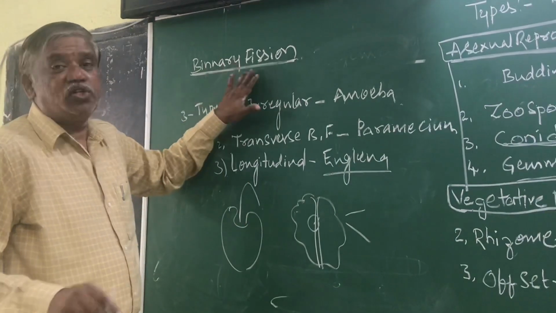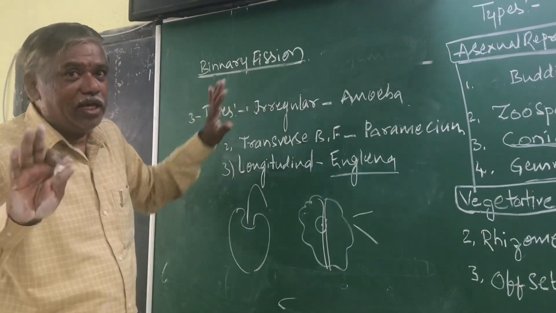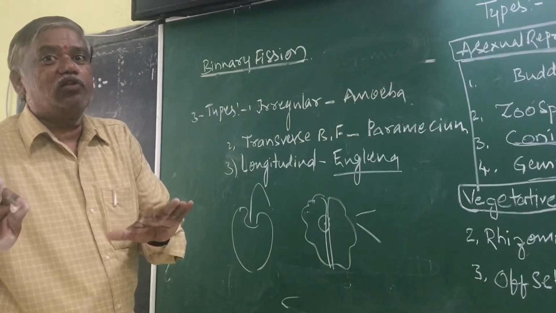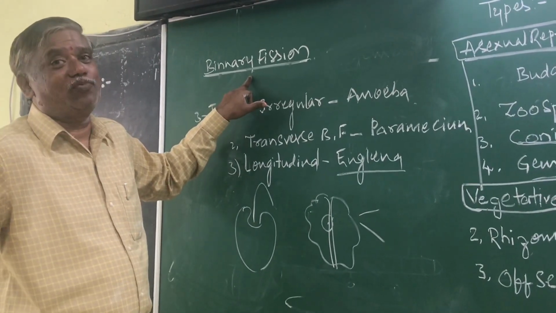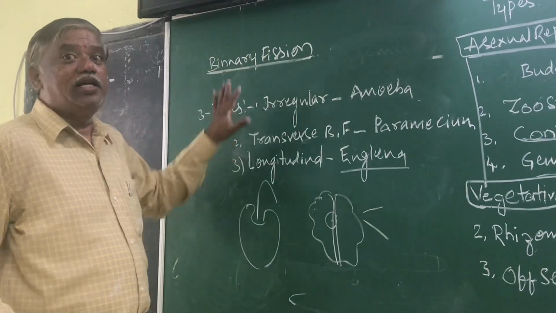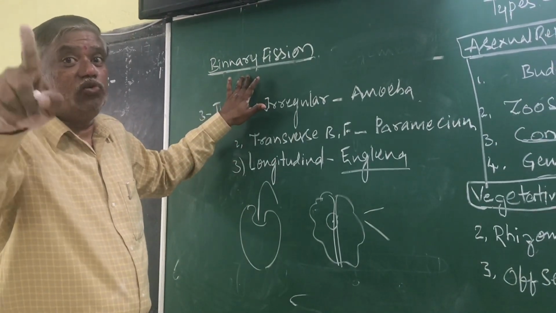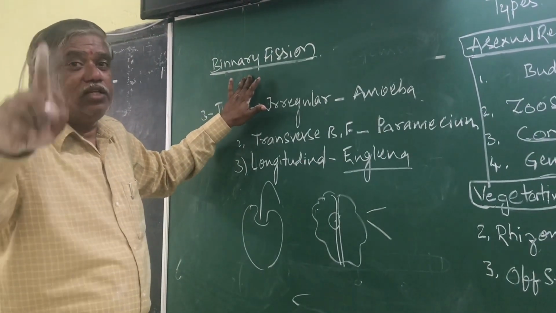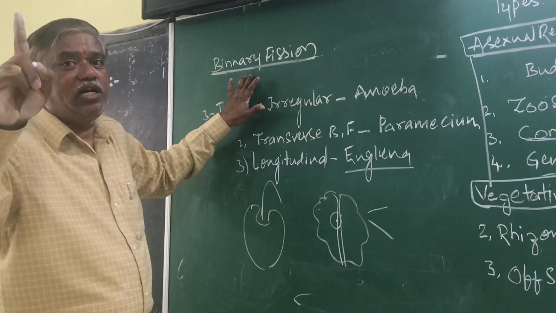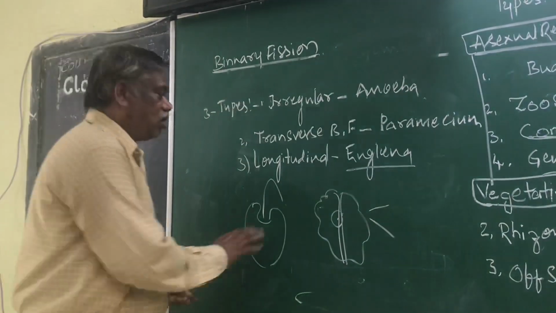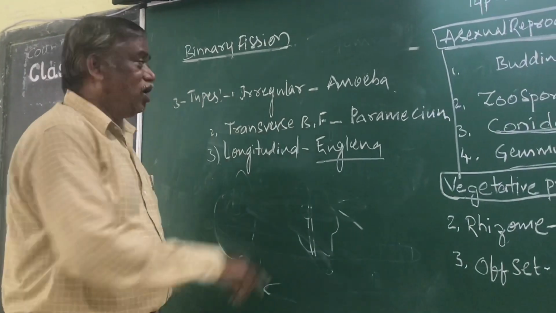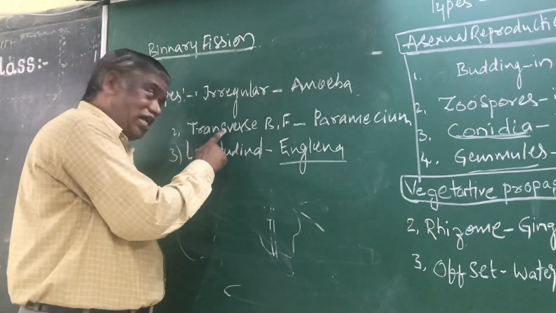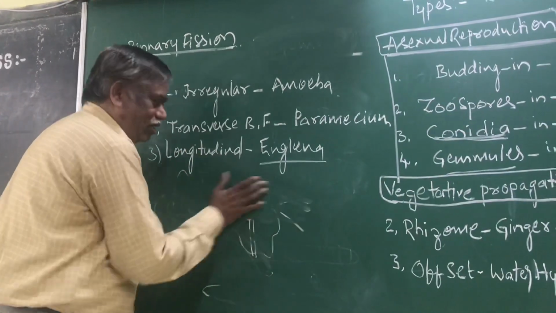Generally, we can notice this binary fission in unicellular organisms. Binary fission is not applicable to multicellular organisms. It occurs during favorable conditions in unicellular organisms, by only mitotic cell division. Now, binary fission is again of three types: irregular, transverse, longitudinal.